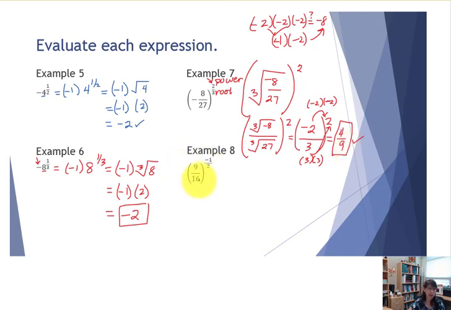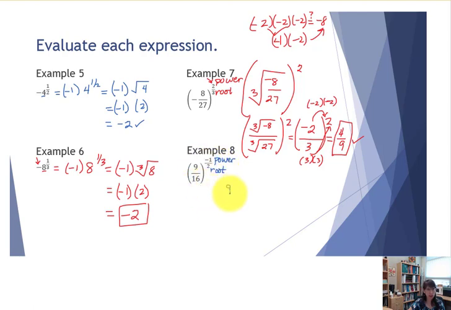In example 8, we have a fraction raised to a power. Notice that the numerator here is negative 1. So the power is going to be assigned the negative 1, and the root is positive 2.